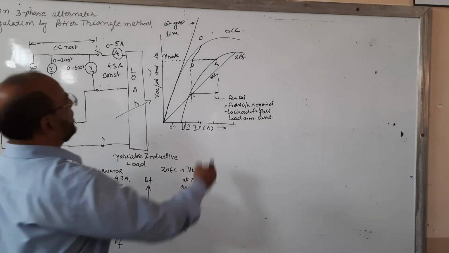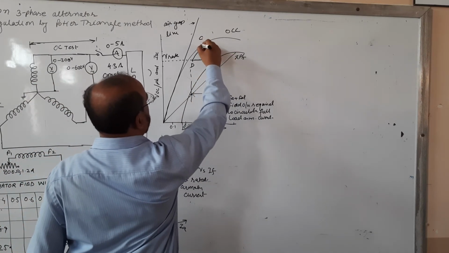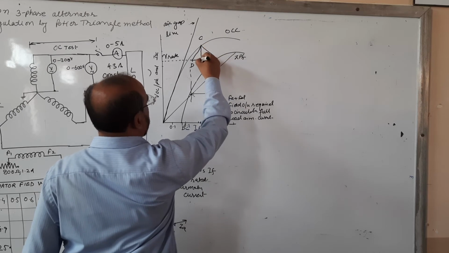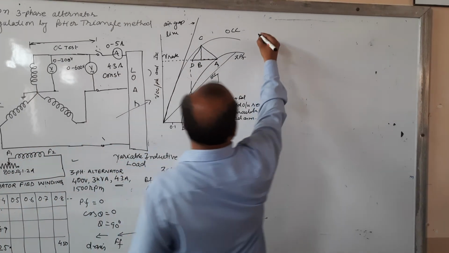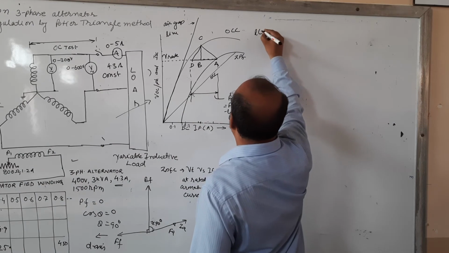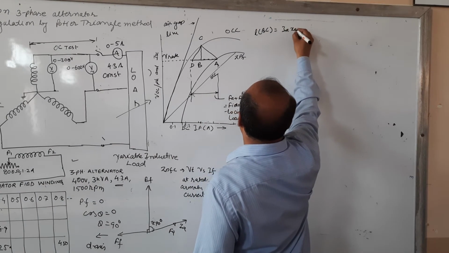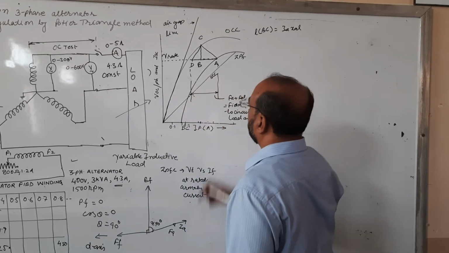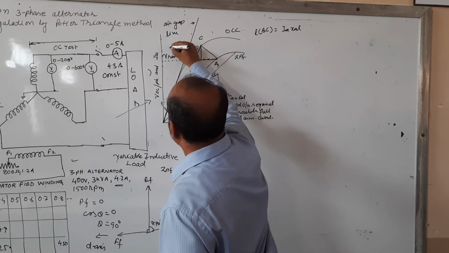Okay, now join this point C and A. Draw the tangent from C to the AD line, and say this point is B. So now length BC is equal to IA XAL. So this distance B to C is nothing but the voltage. We are going to measure the voltage.